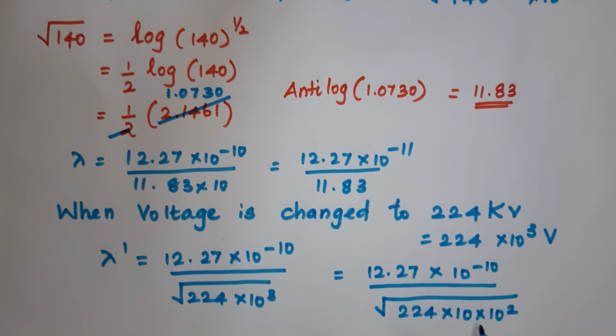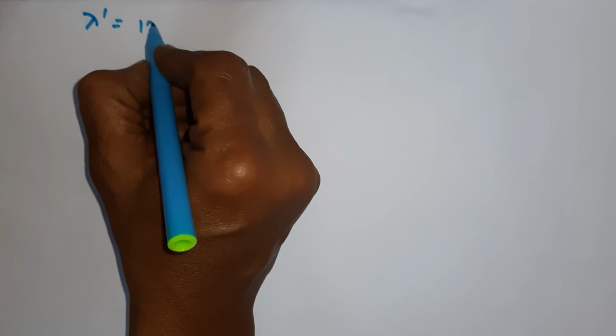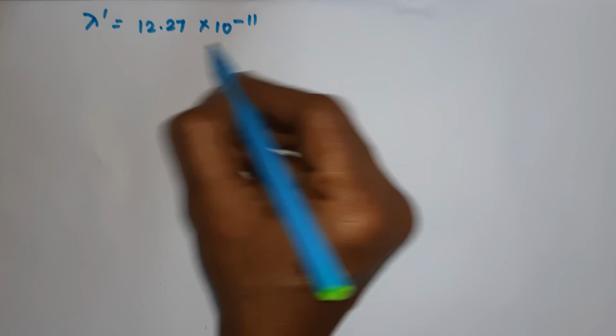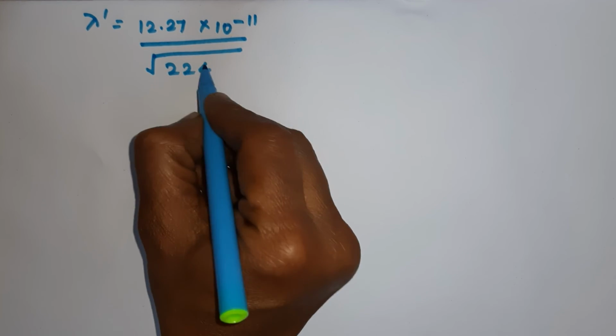I have split this 10 cube as 10 square into 10, so that I can take it out of the square root now. And therefore lambda dash is equal to 12.27 into 10 power of minus 11 divided by square root of 2240.